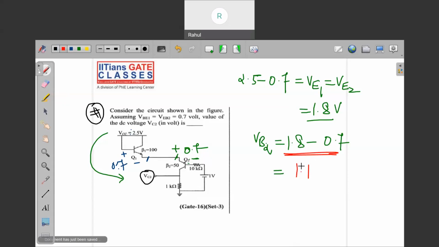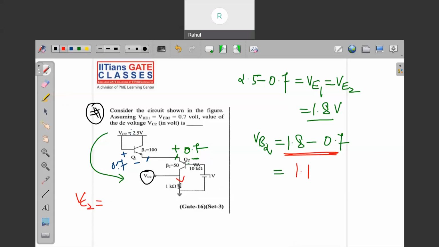Now you can find the base current, and then you can find the collector current. Once the collector current is known, you can find Vc2.